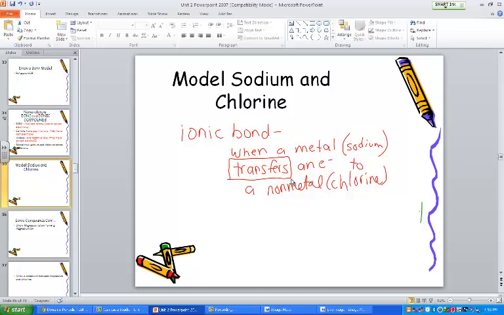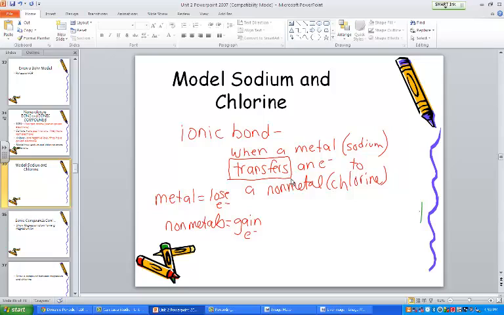Metals will always lose electrons. Nonmetals will always gain electrons. Metals lose electrons. Nonmetals gain electrons. Metals will become positive, nonmetals will become negatively charged.